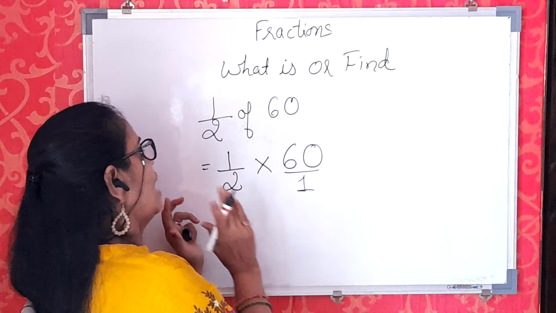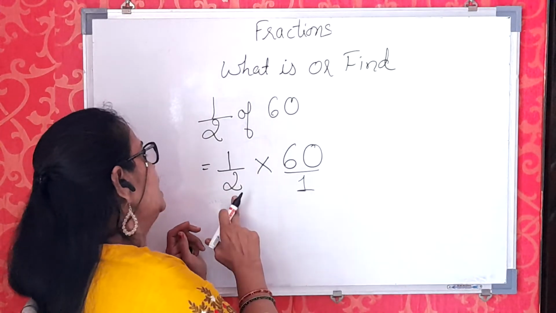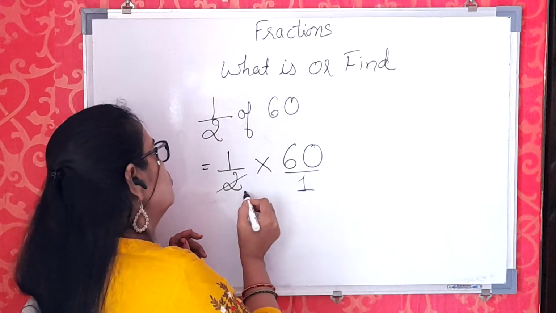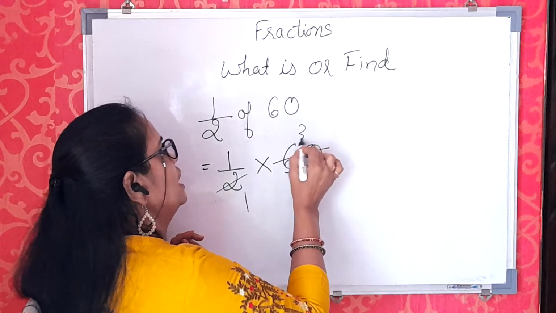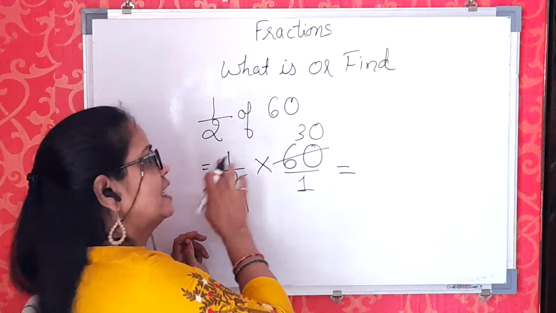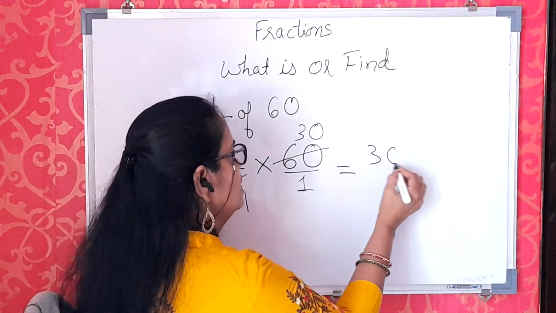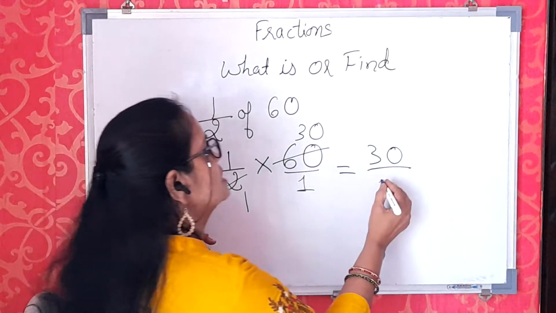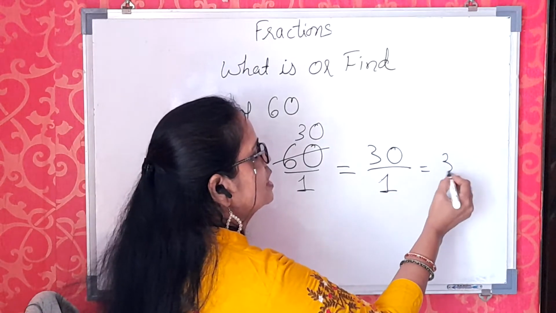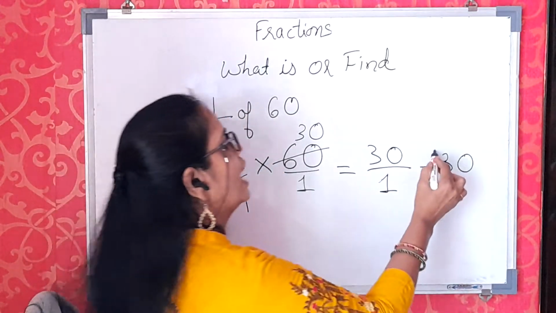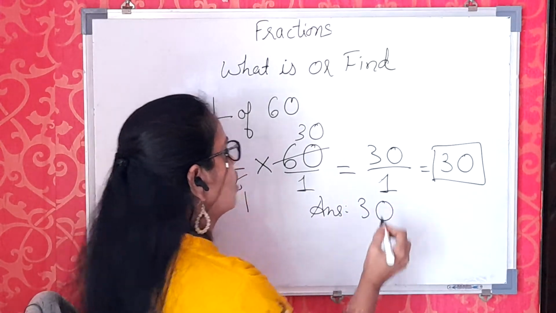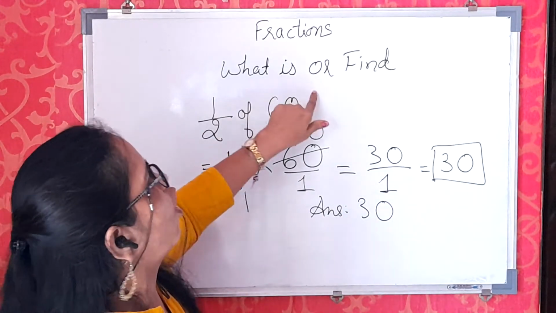Now see the cancellation in the 2 table when 60 comes. 2 ones are 2 and 2 thirties are 60. And numerator multiplication is 30 ones are 30, and denominator is 1 ones are 1. When your denominator is 1, that means your numerator is a whole number. So your answer is 30. This way you have to solve 'what is' or 'find'.